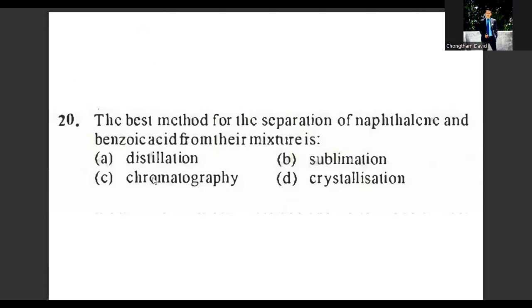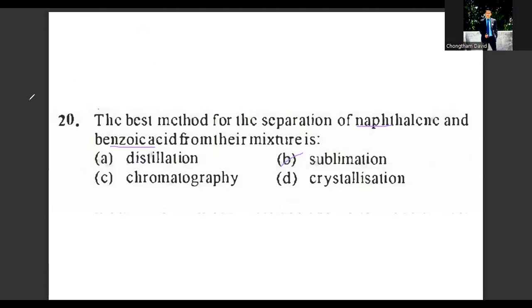It is applicable to compounds which can be converted directly from the solid to the vapor phase or vapor to the solid. This is your sublimation method. So which is the most appropriate answer for this question? The best method for the separation of naphthalene and benzoic acid from their mixture must be sublimation. You know why? Naphthalene is volatile, but benzoic acid undergoes dimerization.